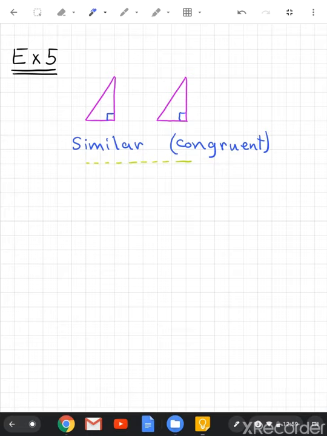They can be the same in size and they can be different in size. This is the difference between congruent and similar figures. So any congruent figures are similar, but not all similar figures are congruent. You should know how to differentiate between congruent and similar figures.